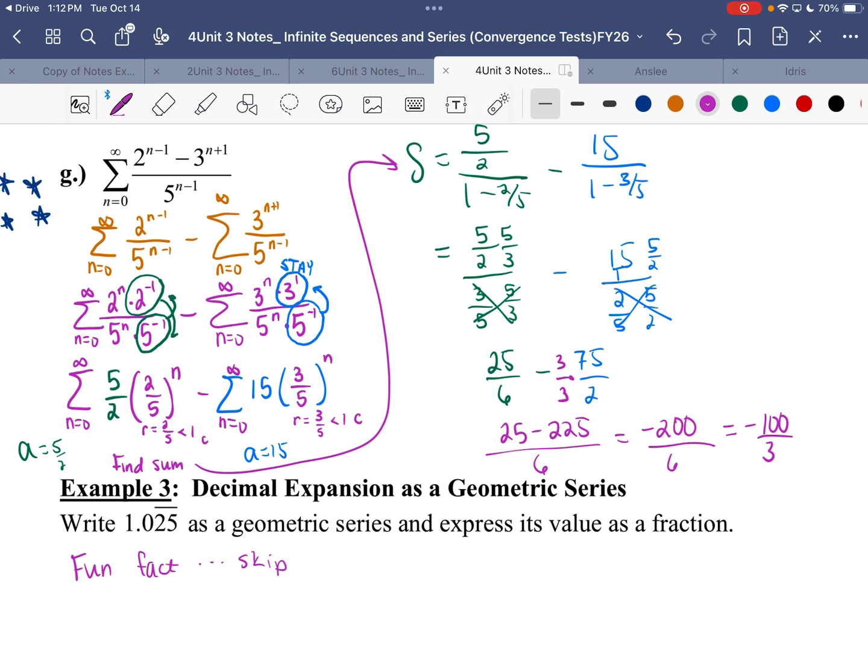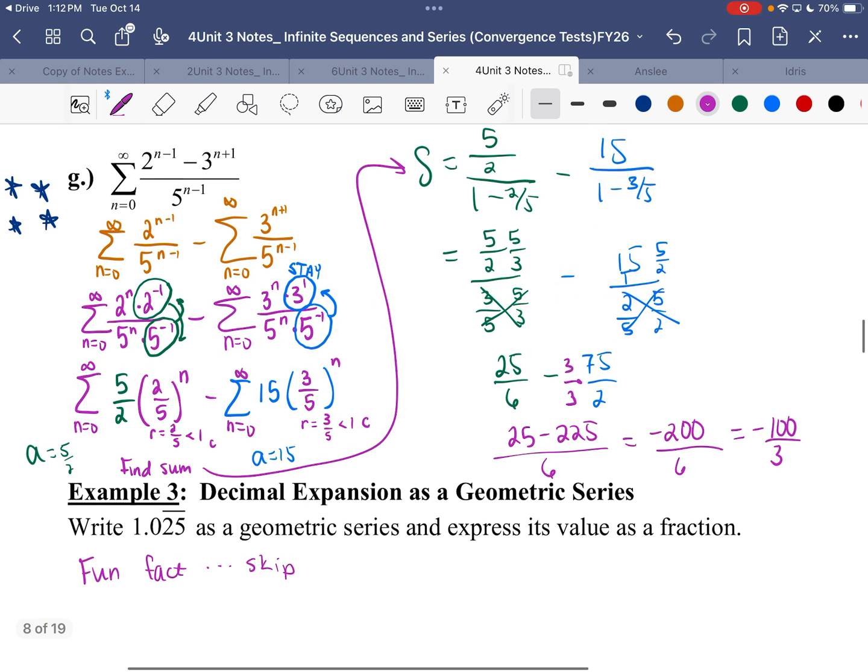I'm kind of confused why they made it a 15. So you have 3, because the 3 to the n, the 3 had to get to the n first. Like you have to do the P in PEMDAS. So the e, that 3 is being raised to the n.